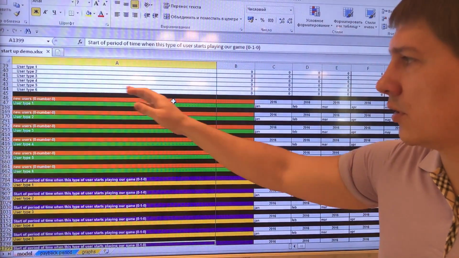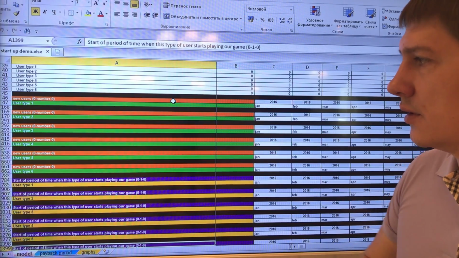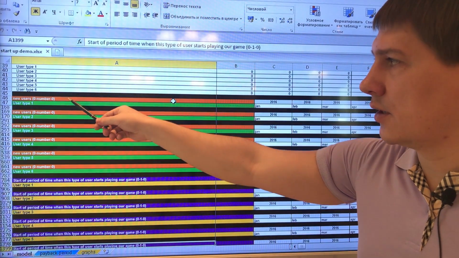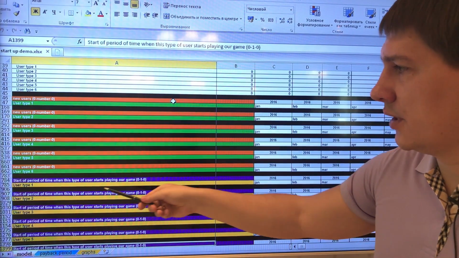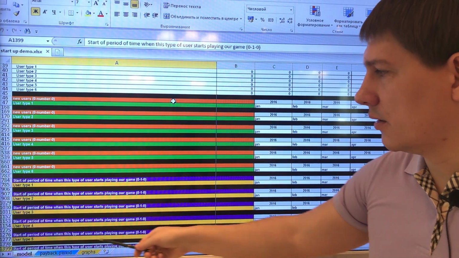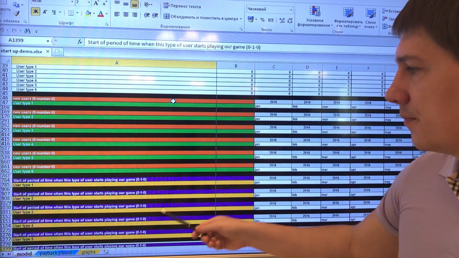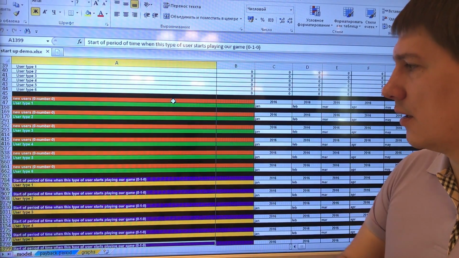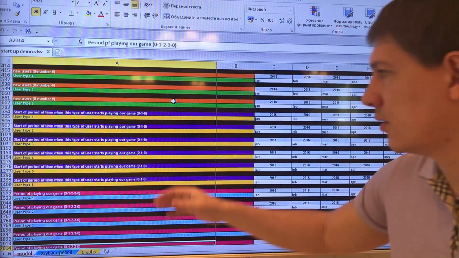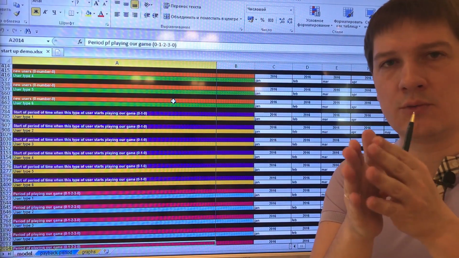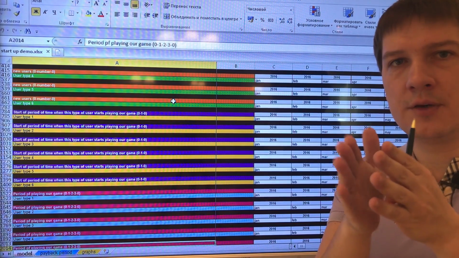So here we have a block of calculations, because we should find out for each type of user when they come. Here we put the start, when we start the period of their being with us.